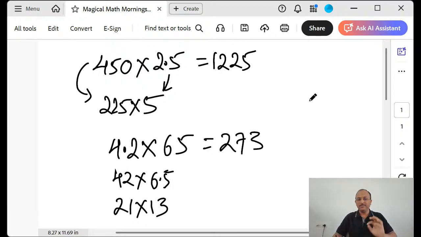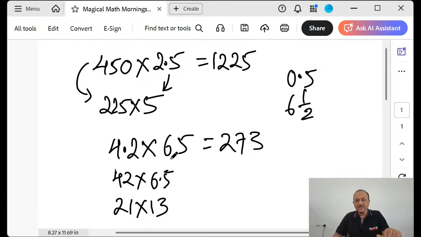Whenever we are having a number ending with 0.5 or half, that means we can take 6 and half, 8 and half, 9 and half, 13 and half. We can definitely take that one. No, it's only 273. By putting 0, 65 into 4, how much it may come? It comes around 260. So approximately it will be little more than 270.